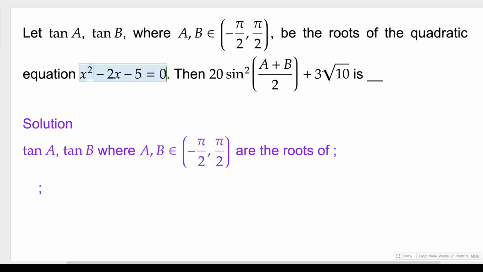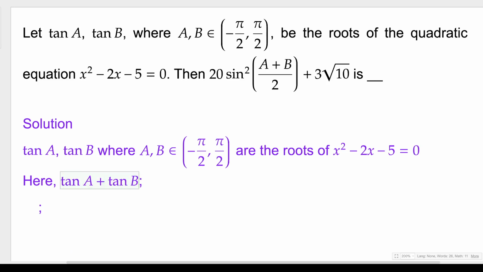So from this we can state the sum of roots: tan A plus tan B is 2, since the sum of roots is minus b by a. And the product of roots, tan A times tan B, would be negative 5 in this case.